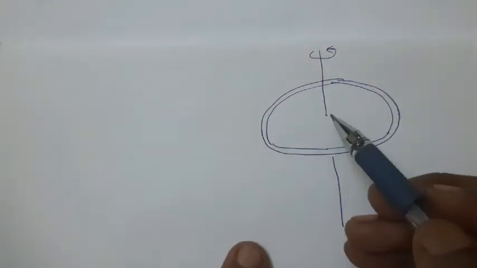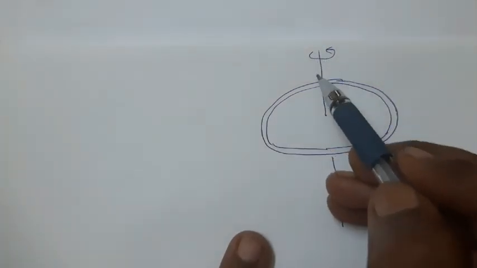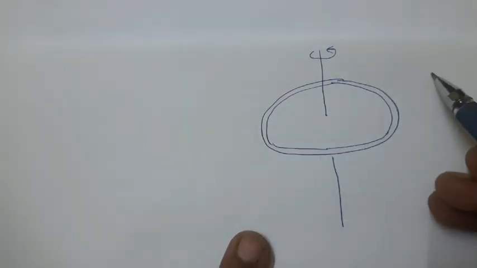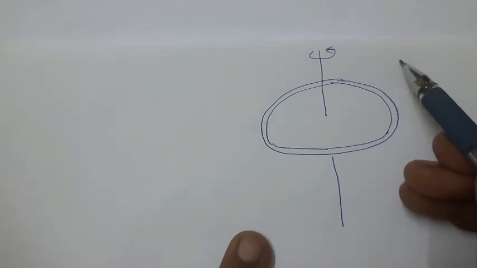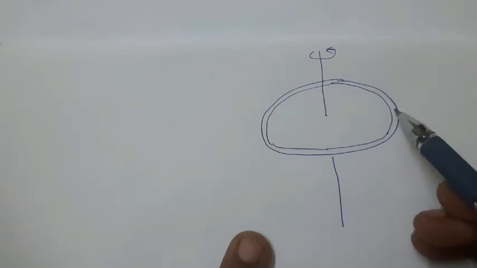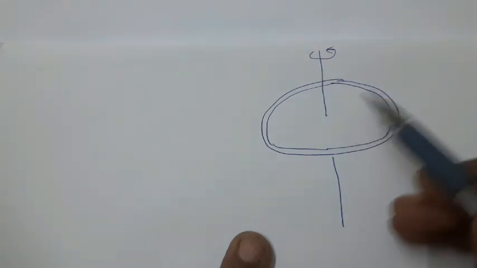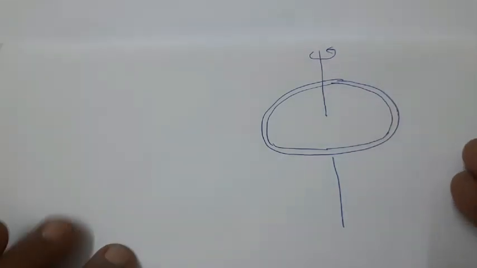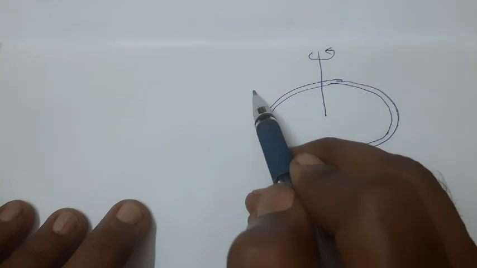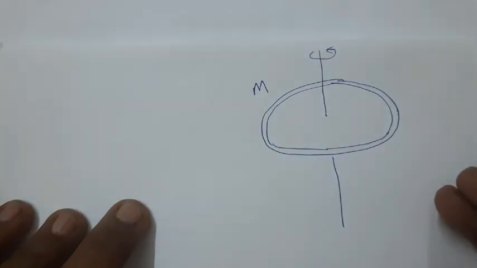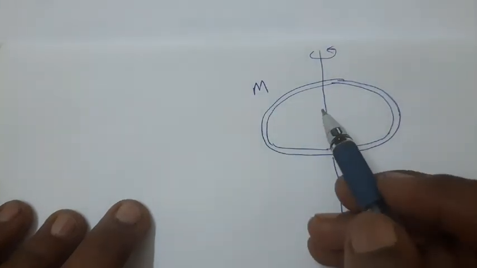Remember that so many axes are possible. I can treat the axis which is along the diameter of this ring, which passes through the ring itself, and parallel to this axis of the ring, etc. We will discuss this later on. Now what about the nature of the ring? The total mass of the ring is m.